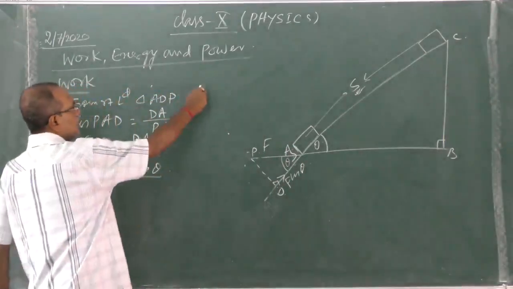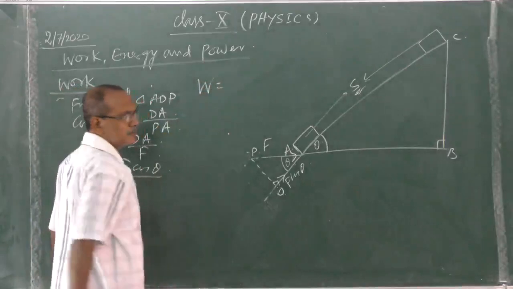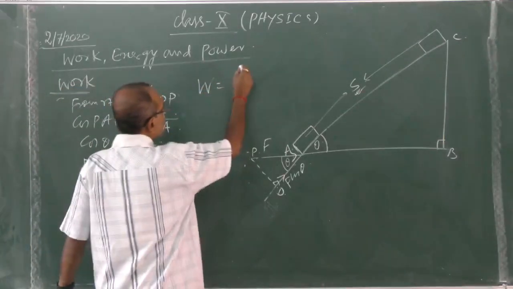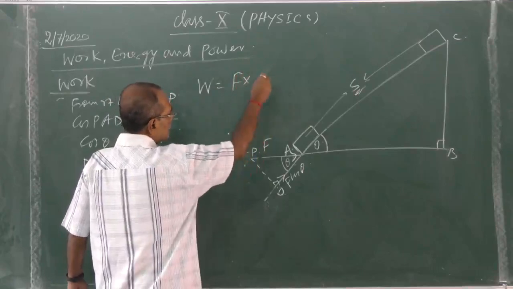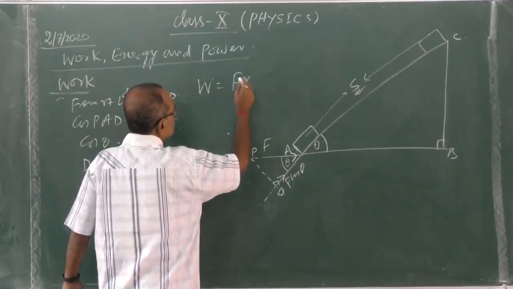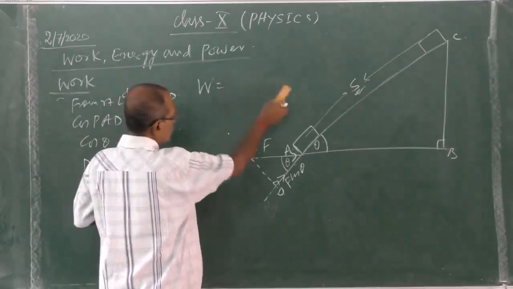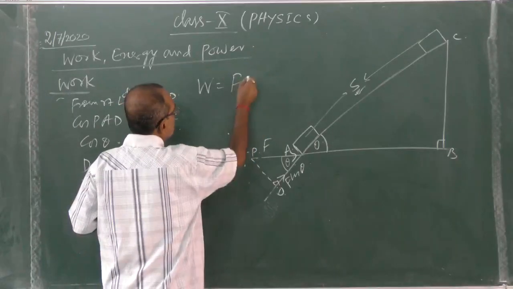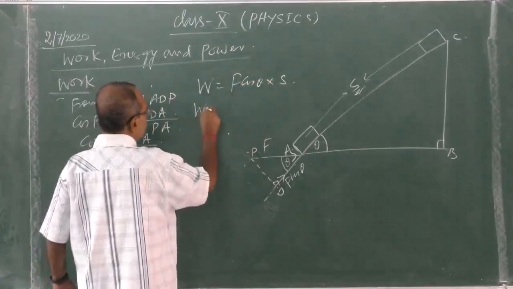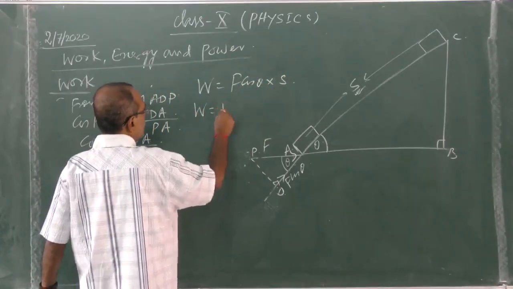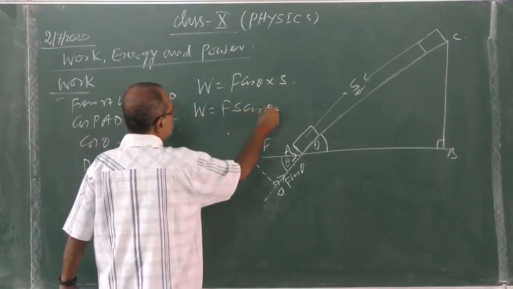So therefore work done is equal to F cos theta into S. So W is equal to F S cos theta.